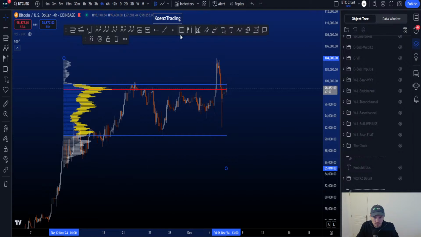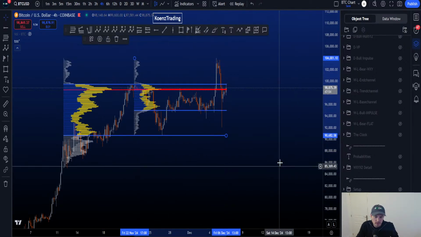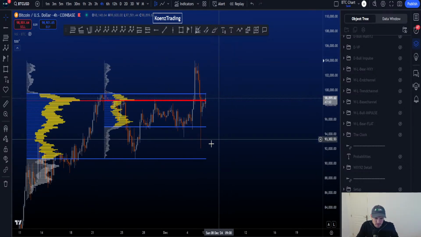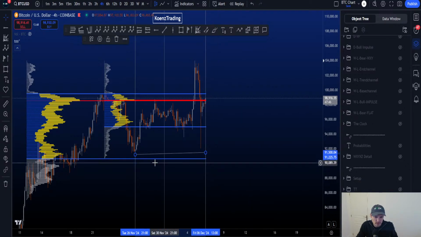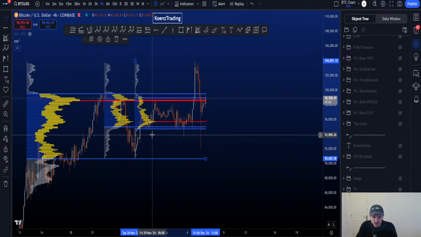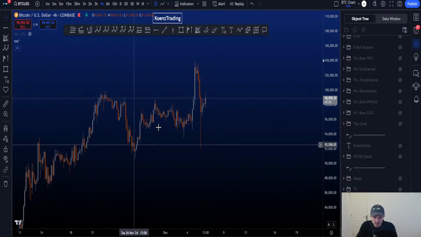No, 148 is enough here. Then we can pull one from the high, if you wish to. At the moment I'm not really interested in taking them from the low. Alternatively, you could take one here, but we're still in the range, so I'm more interested in taking range information than the move up.